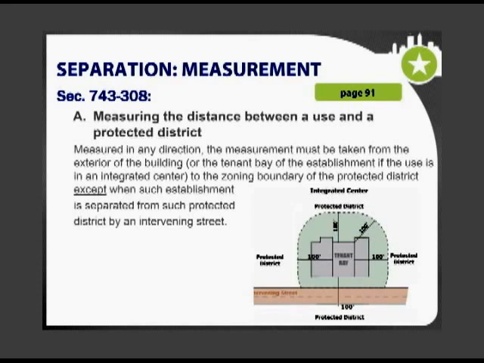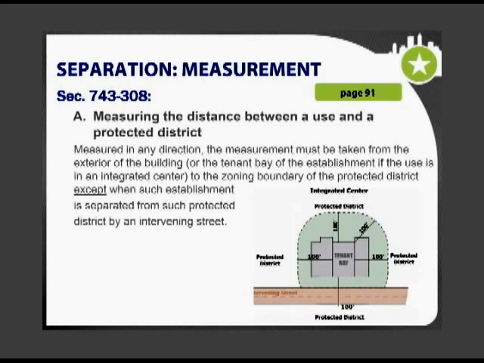You're either going to be measuring from a use to another use, or you're going to be measuring from a use to a protected district or a district. They're a little bit different, but hopefully we can get through that.